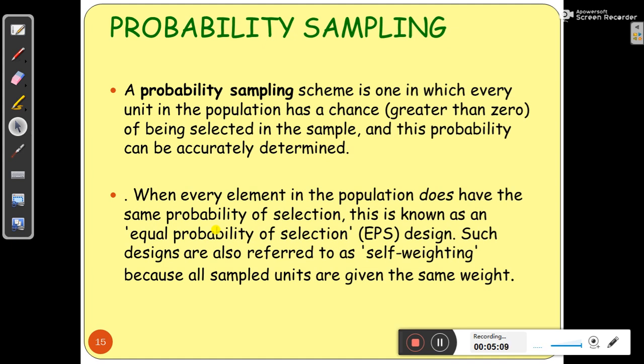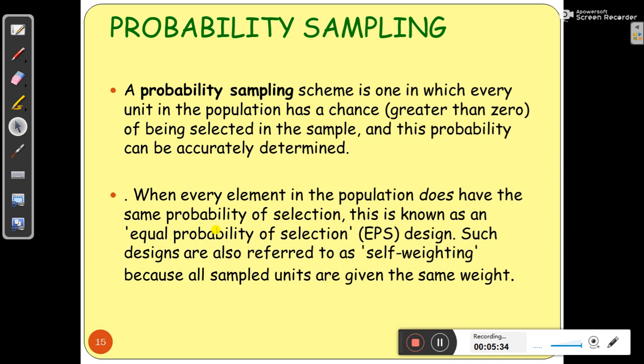So what is EPS? EPS means equal probability of selection. When every element in the population has the same probability of selection, this is known as an equal probability of selection design. Such designs are also referred to as self-weighting because all sample units are given the same weight.